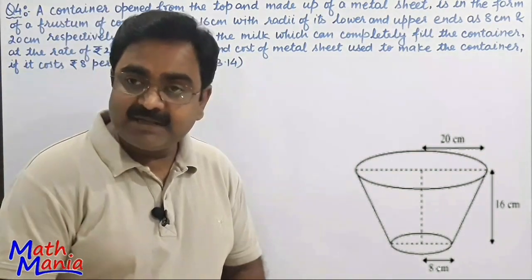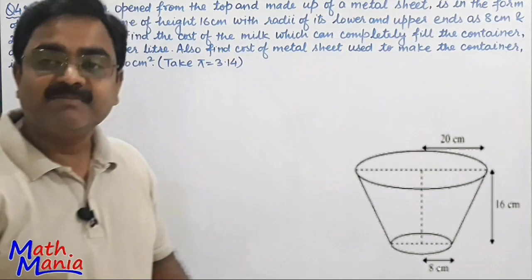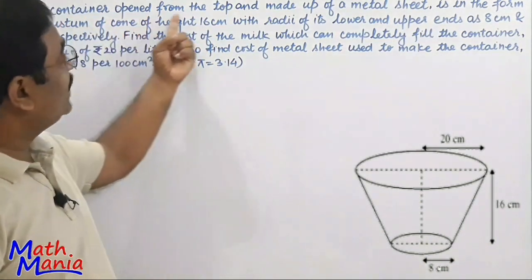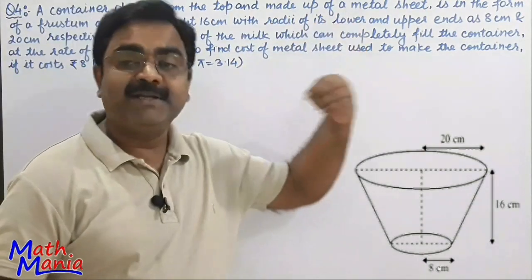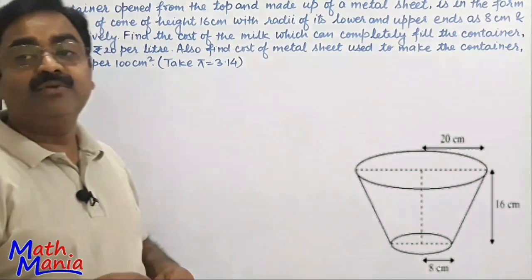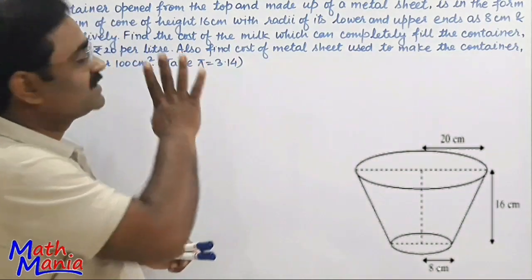A container is there which is opened from the top and made up of metal sheet. It is in the form of a frustum of a cone of height 16 centimeters.